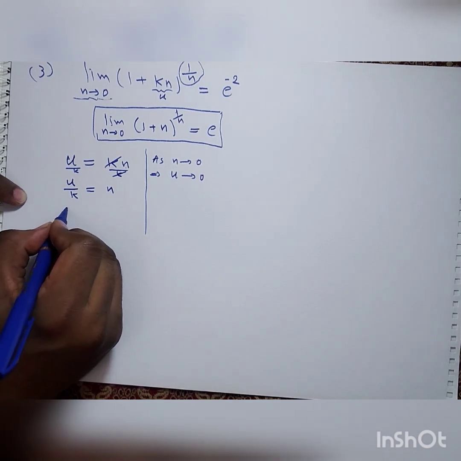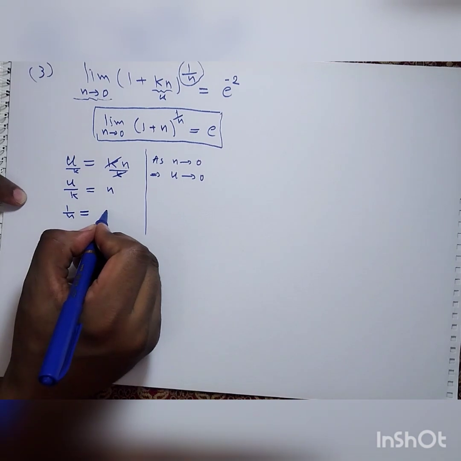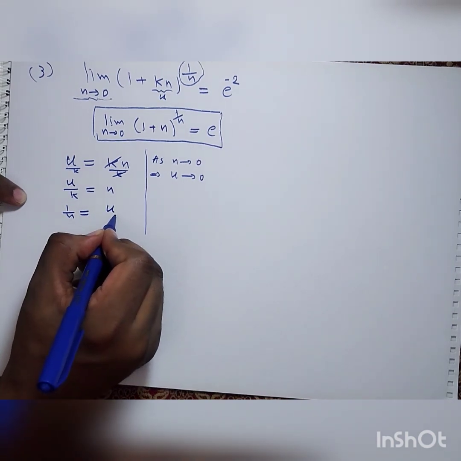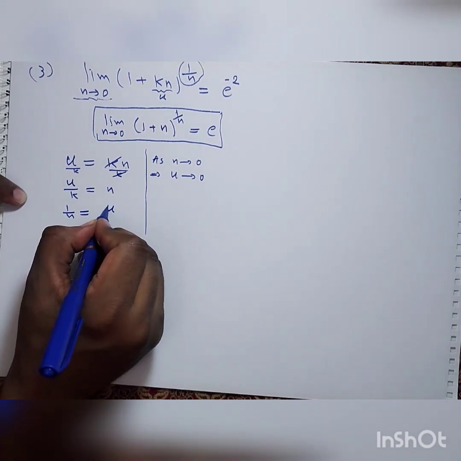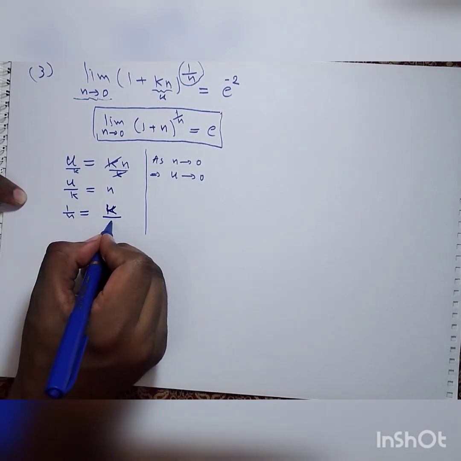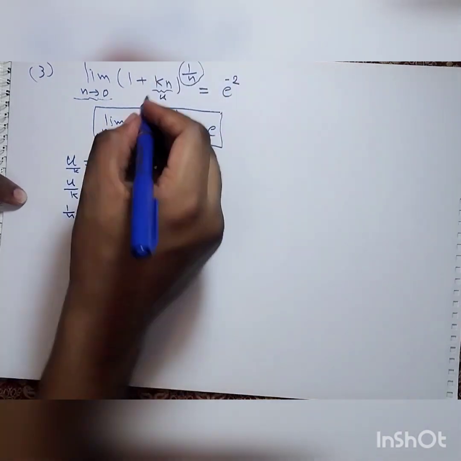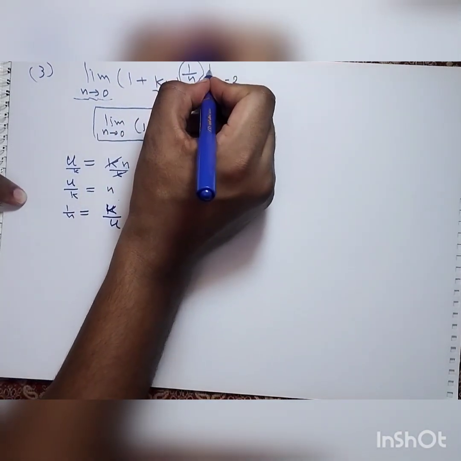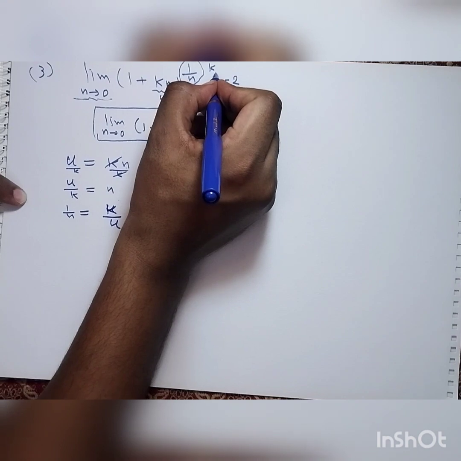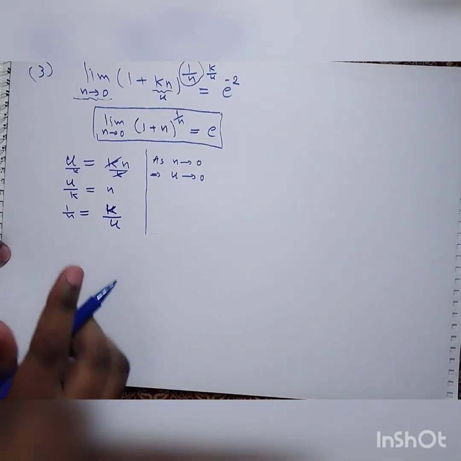But now 1 over n would be k divided by u. So now we also change this to k divided by u. Now we have everything.